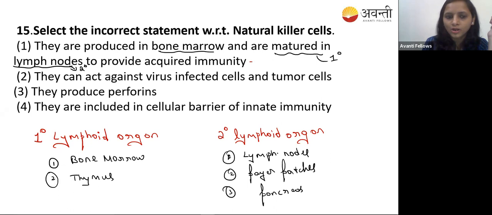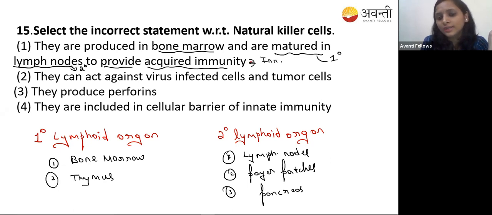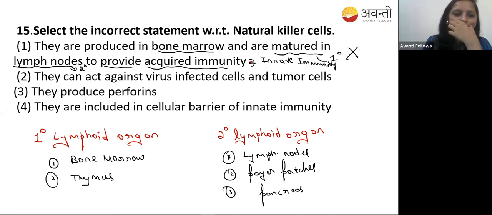So that is why it is wrong. And continuing the statement, it provides the acquired immunity. No, it will not provide the acquired immunity. It will provide the innate immunity. So that is the reason this option is wrong.